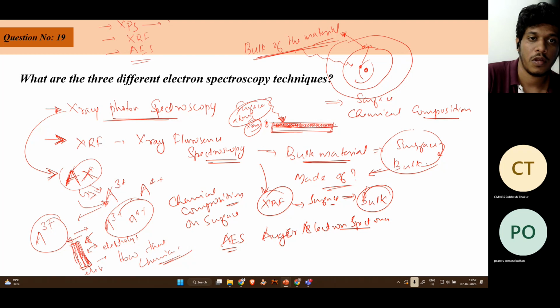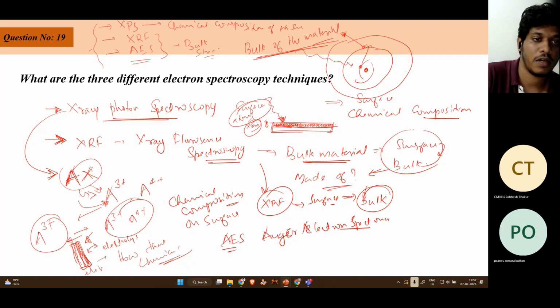XPS is used to understand the chemical composition of the surface, whereas the other two techniques can be used to see the chemical composition of the bulk structure.